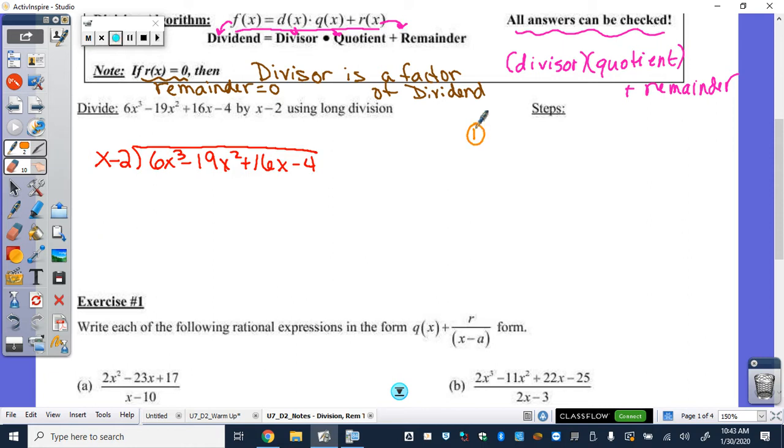So our steps. Step 1, divide the first terms and line up in quotient. When I say divide those first terms, I'm referring to the first term from the dividend and the first term from your divisor.